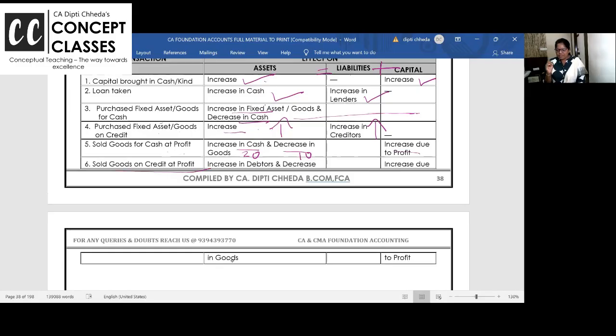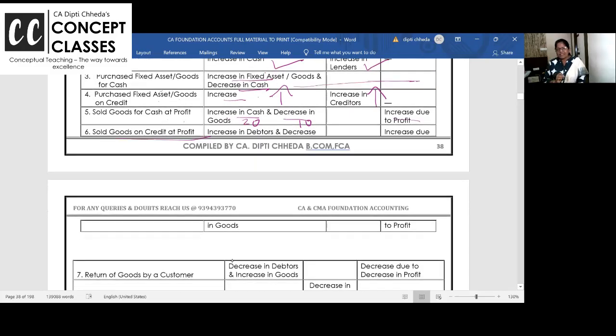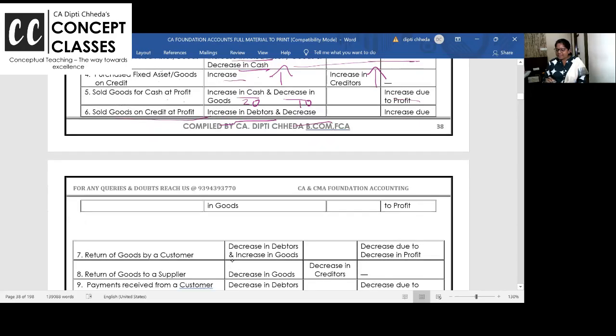Now, when you sell the goods on credit, I hope all of you are clear with these terms. What is credit, debit? When you sell the goods on credit, what's the journal entry? Party to sales. So your debtors are increasing, stock is decreasing, and whatever you have sold, say a 12 rupees item, say you have sold at 20. So 20 rupees debtors are increasing, asset is increasing 20.